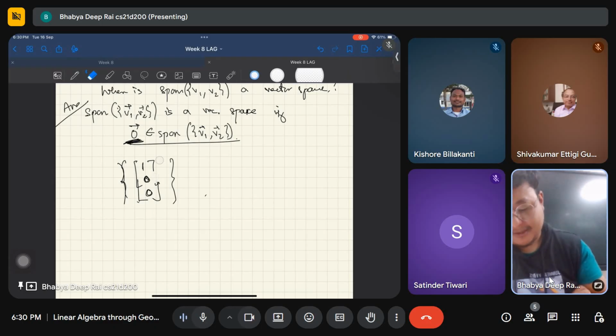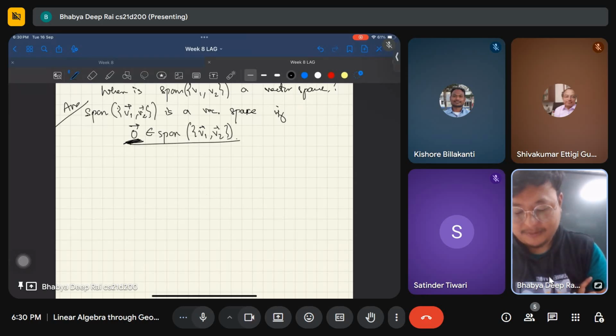Okay, sorry, I think I was a bit wrong. A span will form a vector space because in a linear combination, if you take, let's say, v1 and v2, I can always set alpha equals 0, beta equals 0.